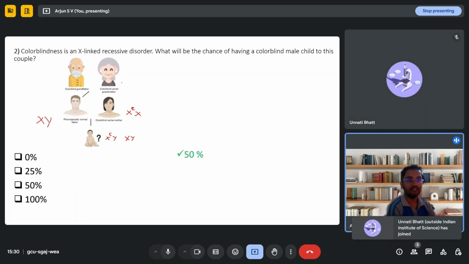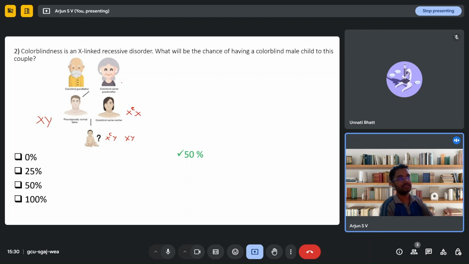So I'll explain again how this 50% came to be. Forget about the colorblind grandfather and grandmother for now. We have a phenotypically normal father and a colorblind carrier mother.